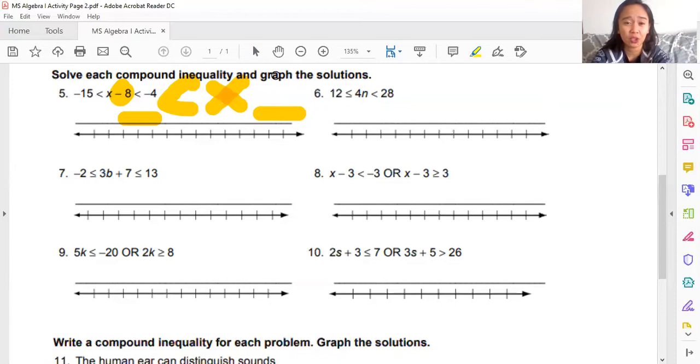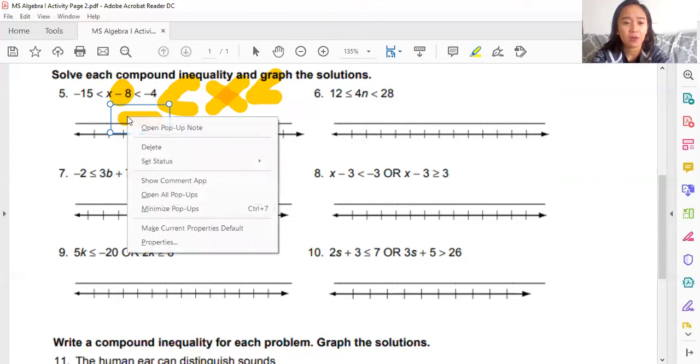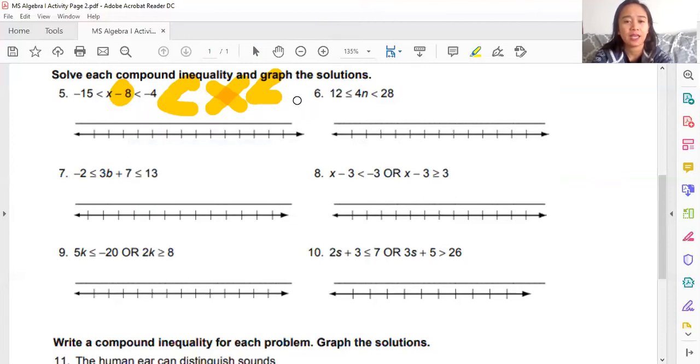The symbol should be the same. Whatever symbol is given should stay the same, okay? Now, take note, oh, this is not an equal. Let me delete that one. So take note, whatever your answer is for -4 plus 8, because we have to add 8, you write it at the right side.